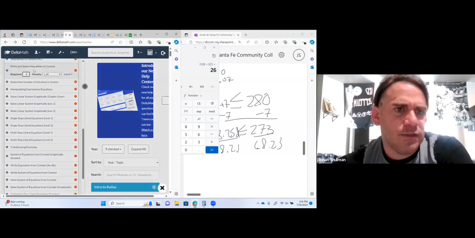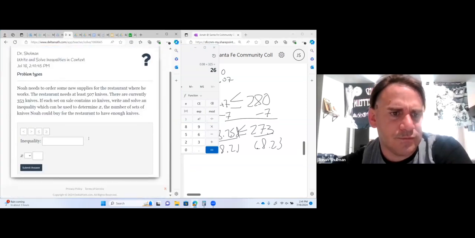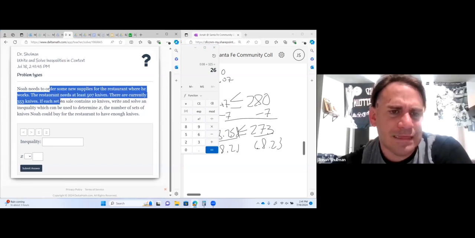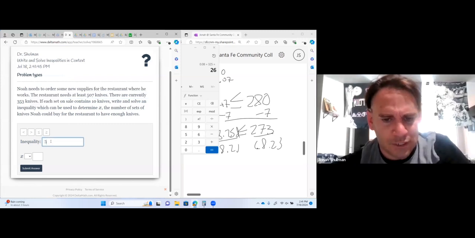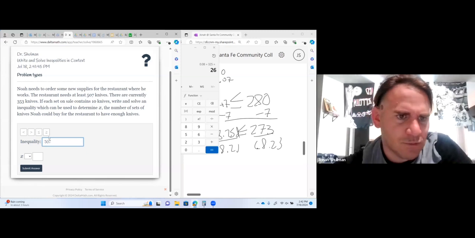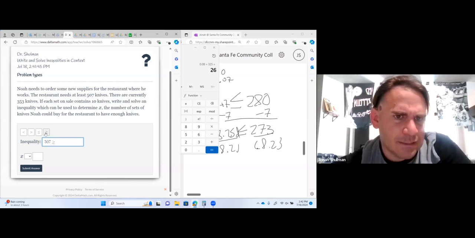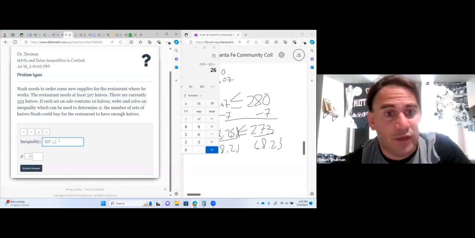So we're going to write and solve one in context. Noah needs to order some new supplies for the restaurant where he works. The restaurant needs at least 507 knives. All right, so 507. We need at least this many, so we could have more than that.